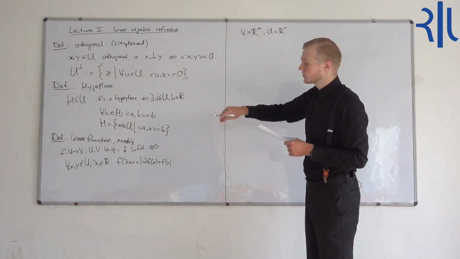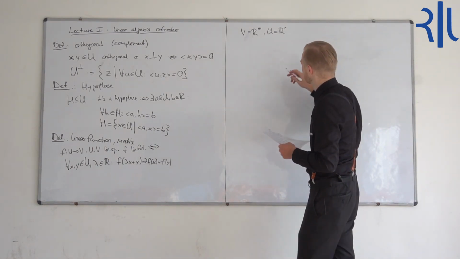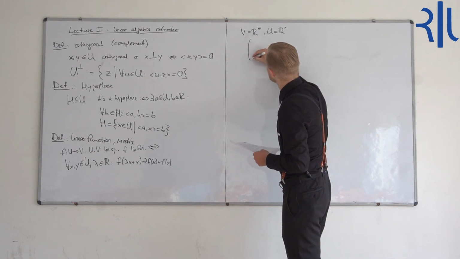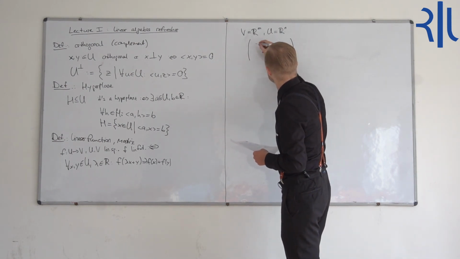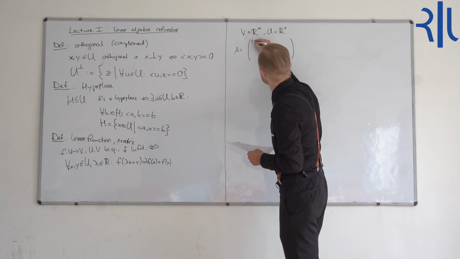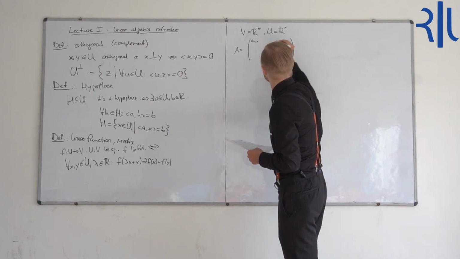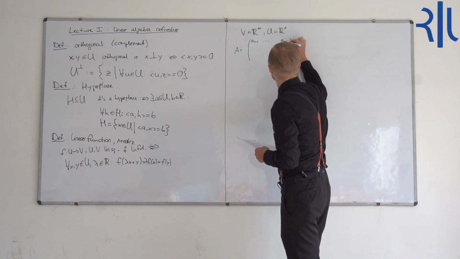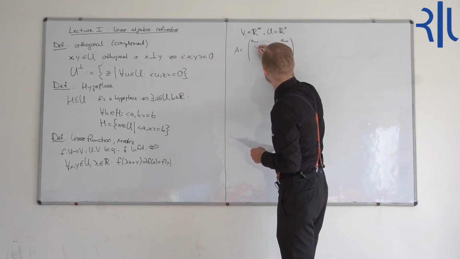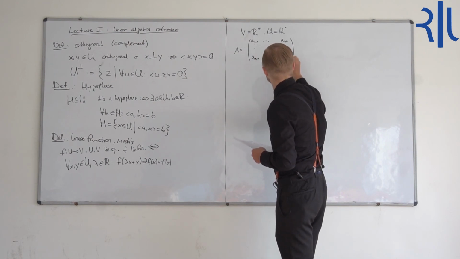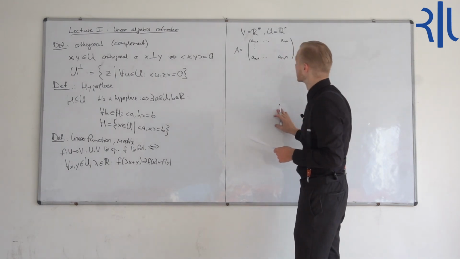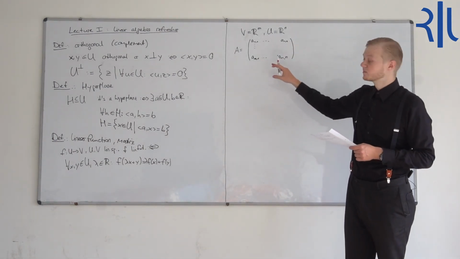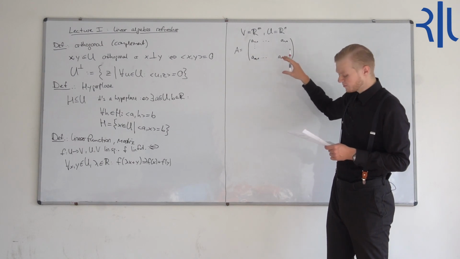Then we can write the linear function as a matrix, and the matrix A can be written in this form.